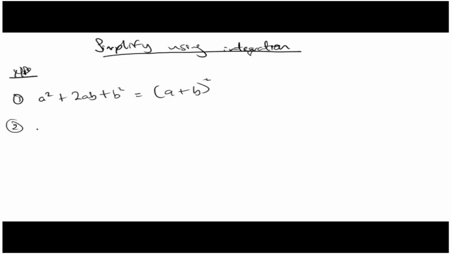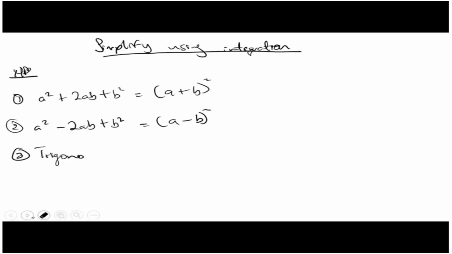Then we need to know that when you have a squared minus 2ab plus b squared, it is equals to a minus b all squared. Then you need to know your trigonometric identities. There are so many of them, I won't write them out.